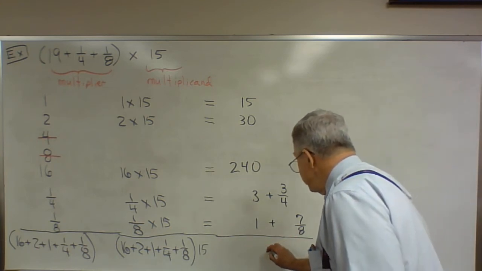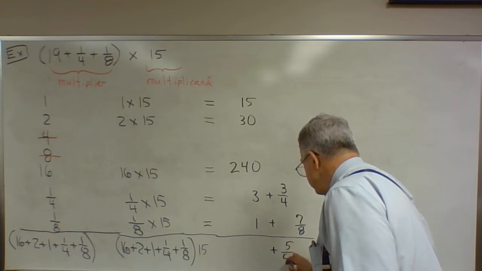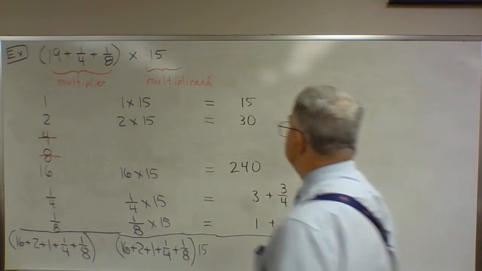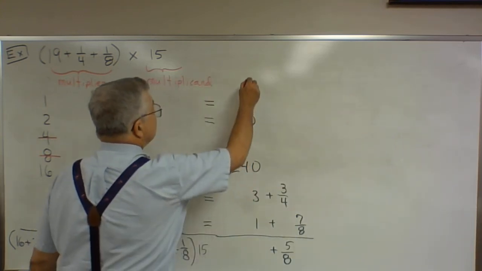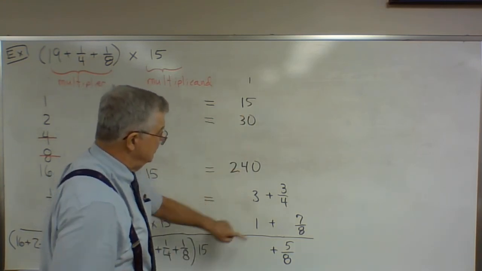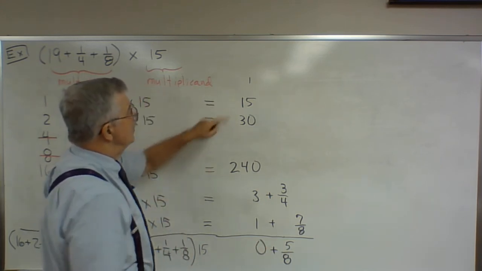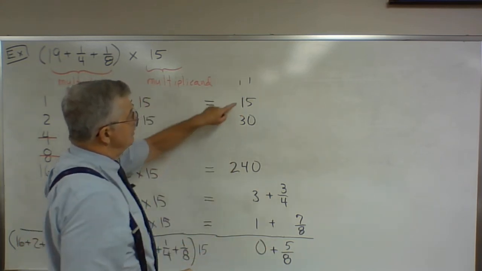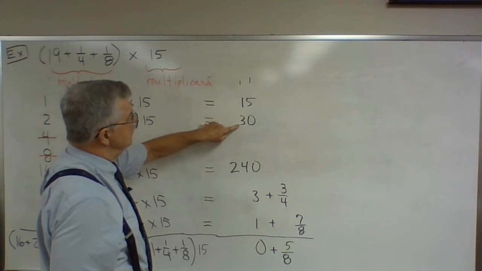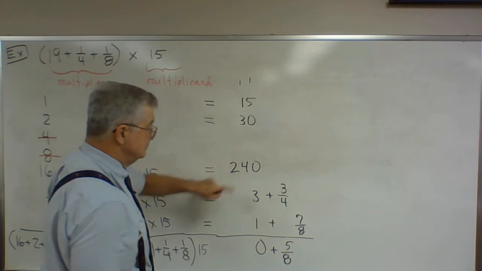So we'll write down the 5/8 and we'll carry the 1. 6 plus 3 plus 1 is 10. Carry the 1. 2 plus 3 is 5 plus 4 is 9.